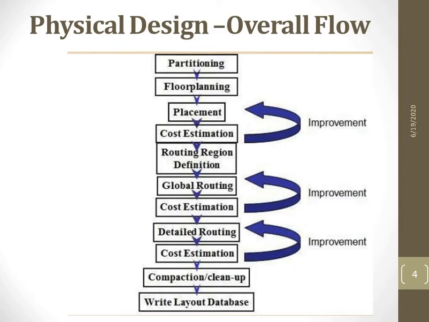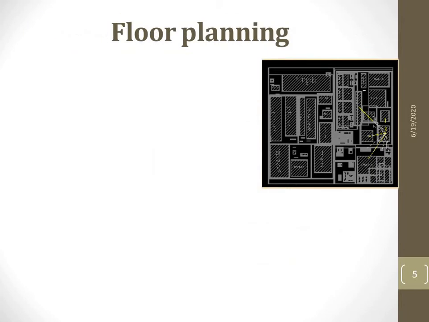So that is called detailed routing. Even for that, cost estimation has to be done so that improvements can be made. Then compaction and cleanup, and then we need to place the wire layout database so that all these things will be established on the chip. So this is the physical design overall flow.